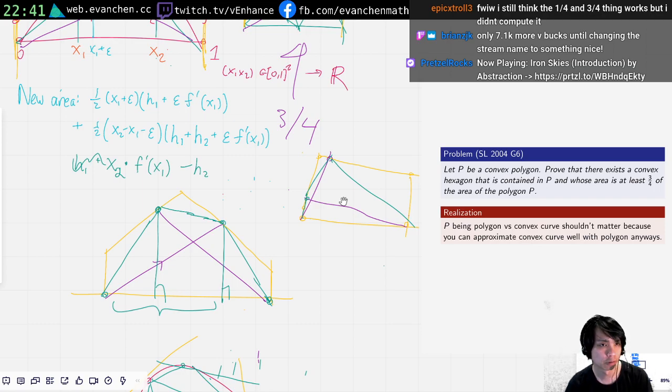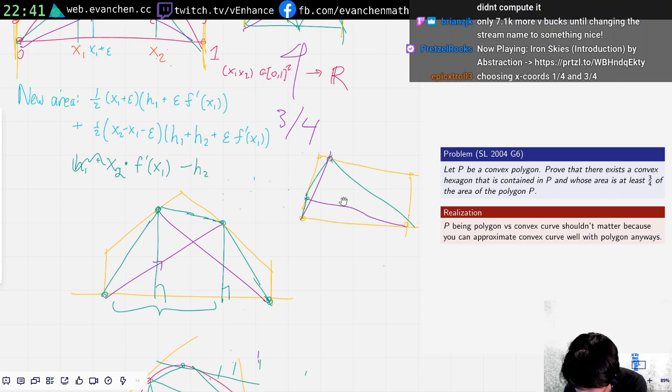Wait, what's the 1/4 and 3/4 thing? You think choosing x equals 1/4 and y equals... Oh, that's not bad. We can try that too.